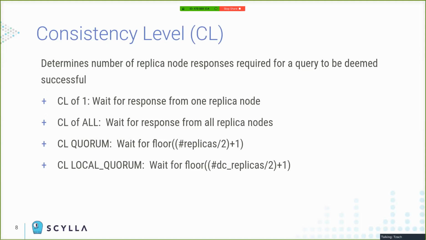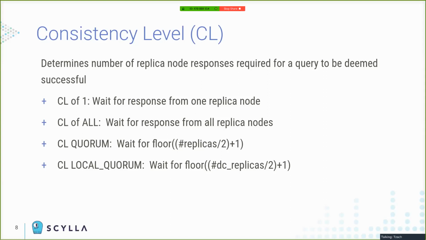So for each request that you send to the database, it can be either a read or a write request. You can specify what consistency level you want, starting from consistency level of 1, meaning that it's enough that one of the replicas acks to send a success response to the user. Consistency level all requires all of the replicas to answer.